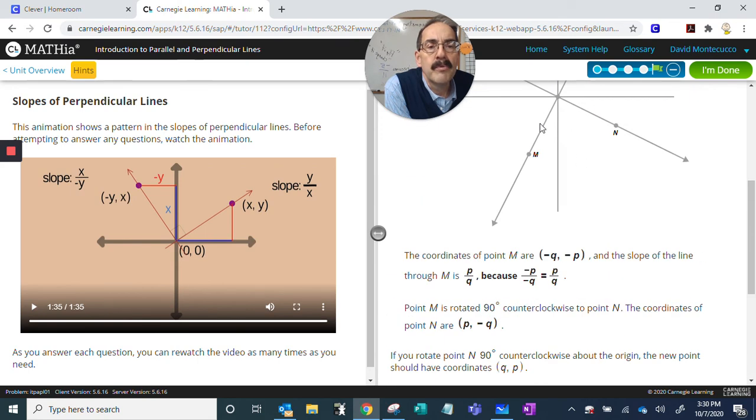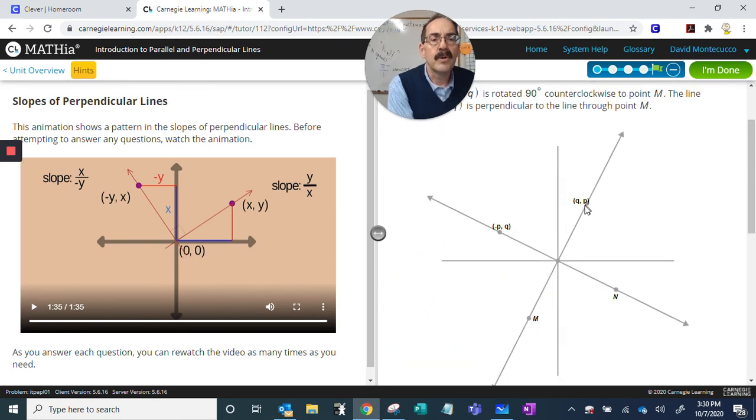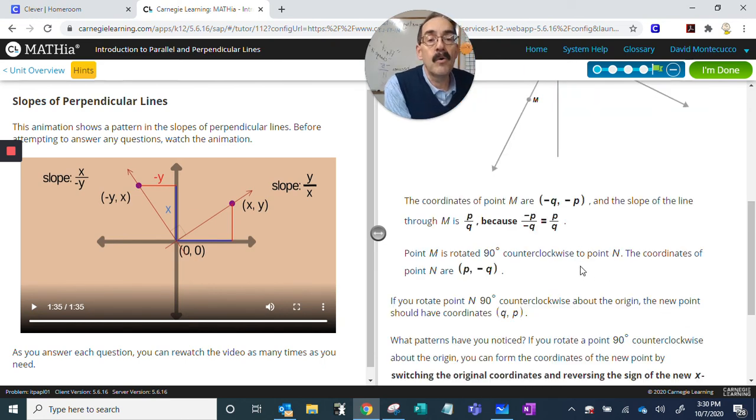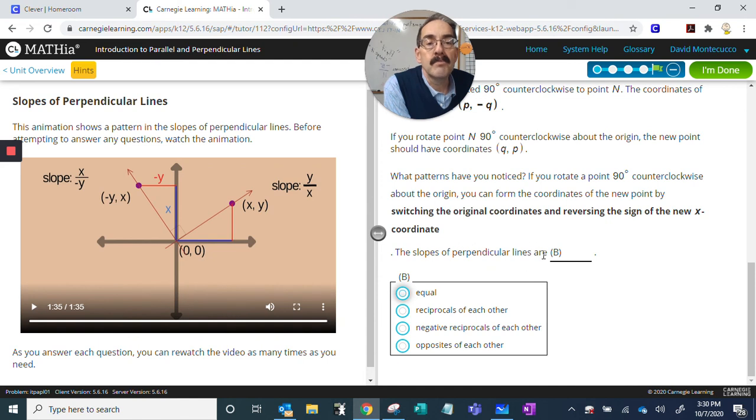So this, we reversed the sign on the X. P became negative P. When we rotated it again, Q became negative Q. When we rotated it again, P became a positive because we came back home. The slopes of the perpendicular are always negative reciprocal. So remember that word reciprocal. We talked about it in class, the negative reciprocal.